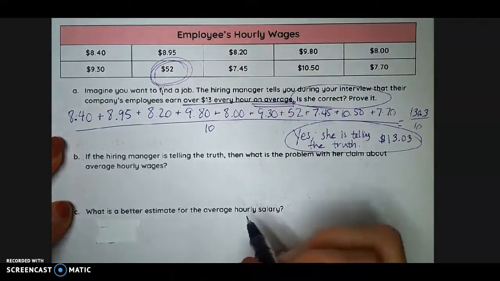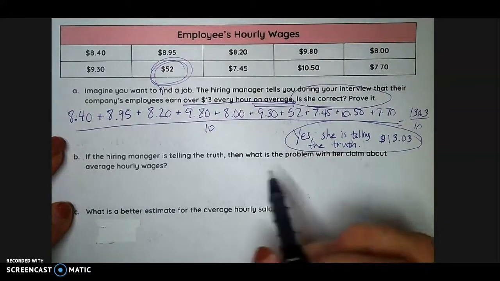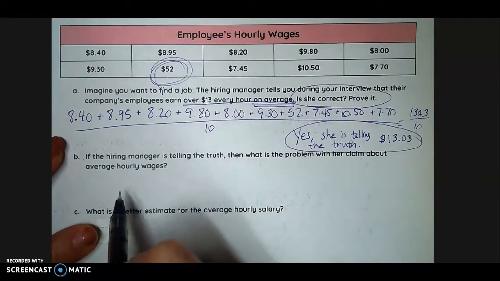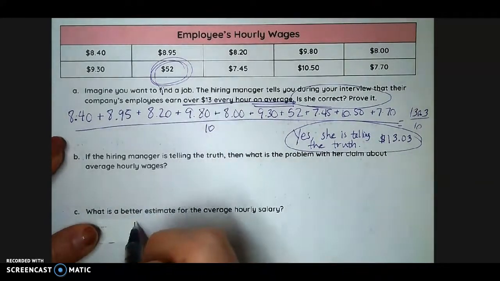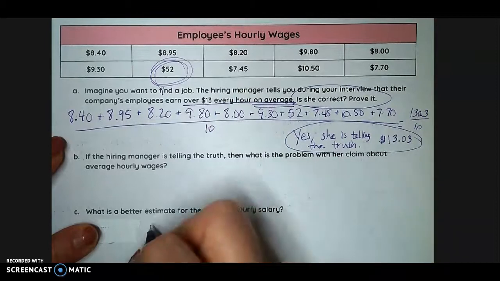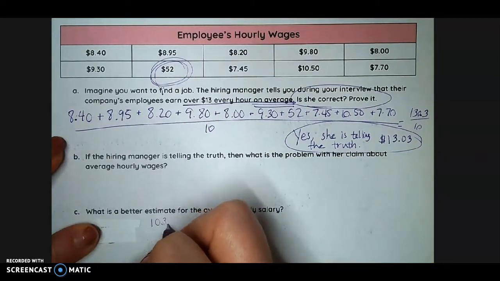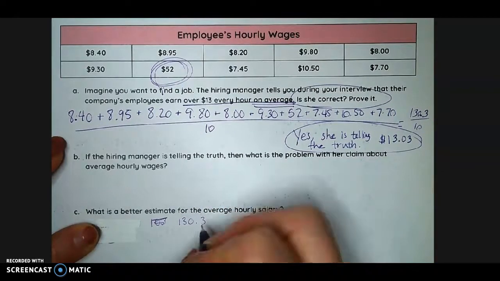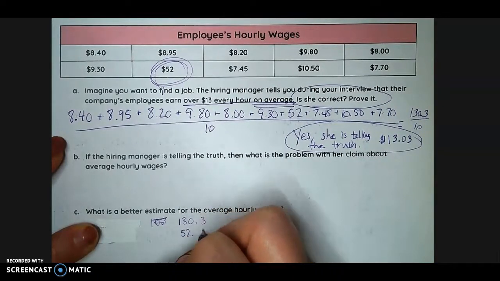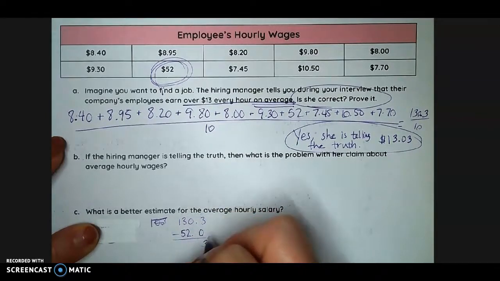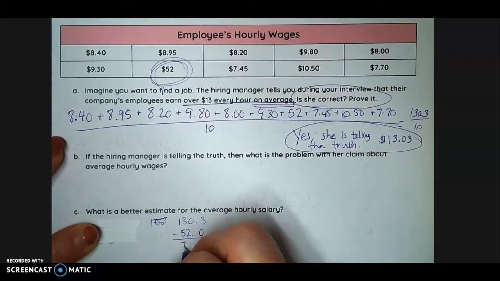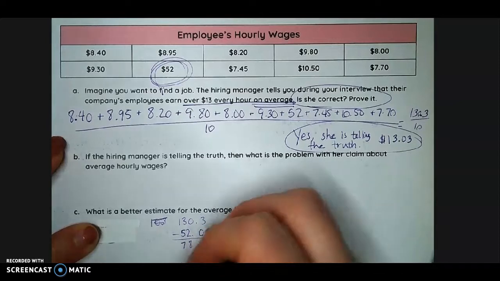All right, so what we looked at there was that she is telling the truth, but there is a problem with her claim. So with that outlier, we are going to find a better estimate. So if my original average, I did 130.3, if I take that 52 out, I'm going to get 78.3.